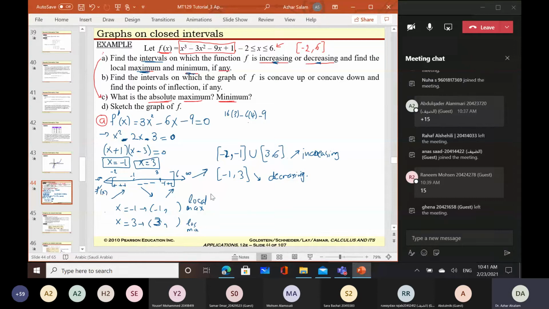Okay, now I want to find if these are local or absolute minimum or maximum. So I have to test the function at the endpoints. I will just write at end points.